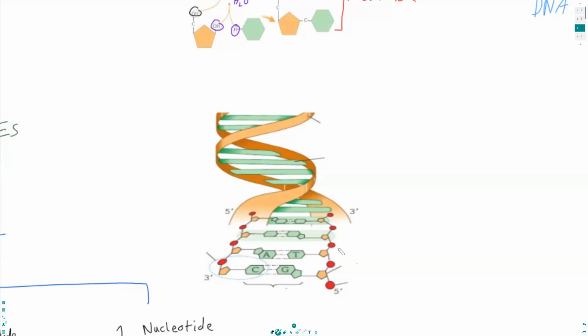And when you have lots of phosphodiester bonds, you call it the sugar phosphate backbone. So this yellow structure you can see here is called the sugar phosphate backbone.